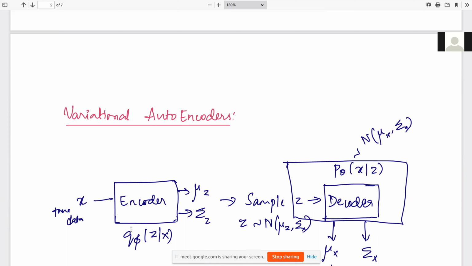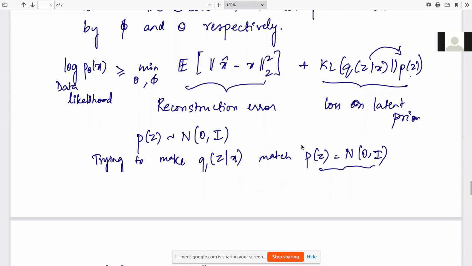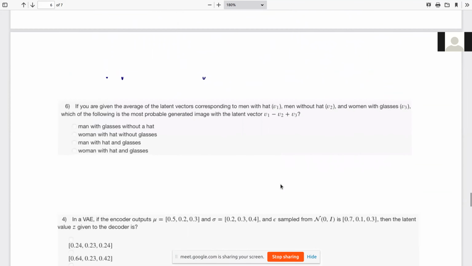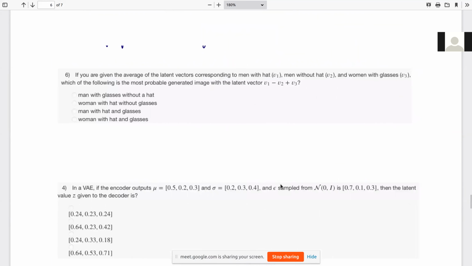We try to minimize the KL divergence between the posterior of z and the prior, and here the prior acts as a regularizer. So the goal is that the predicted distribution should still be very close to our prior distribution, which is a standard Gaussian.